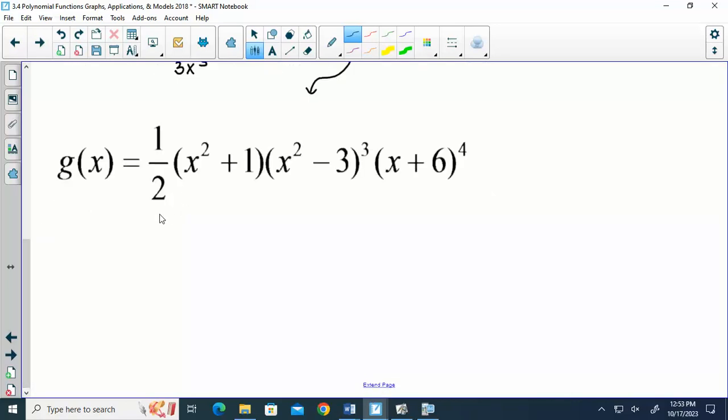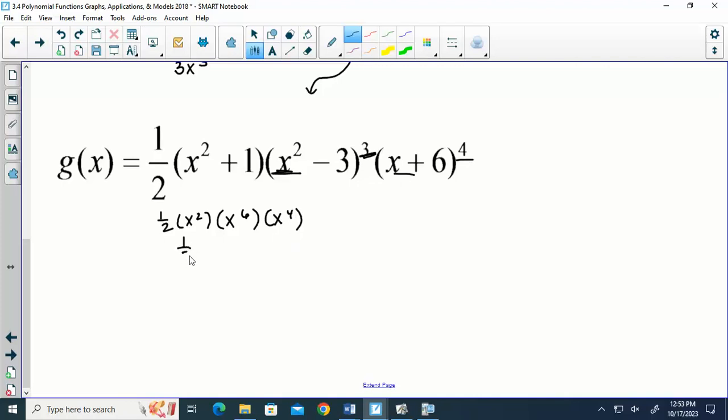Alright, this one, let's see what happens. So we have the 1/2. This one we get an x squared. And this one we have an x squared cubed. So that would give us x to the 6th. And then this one we would end up with an x to the 4th.